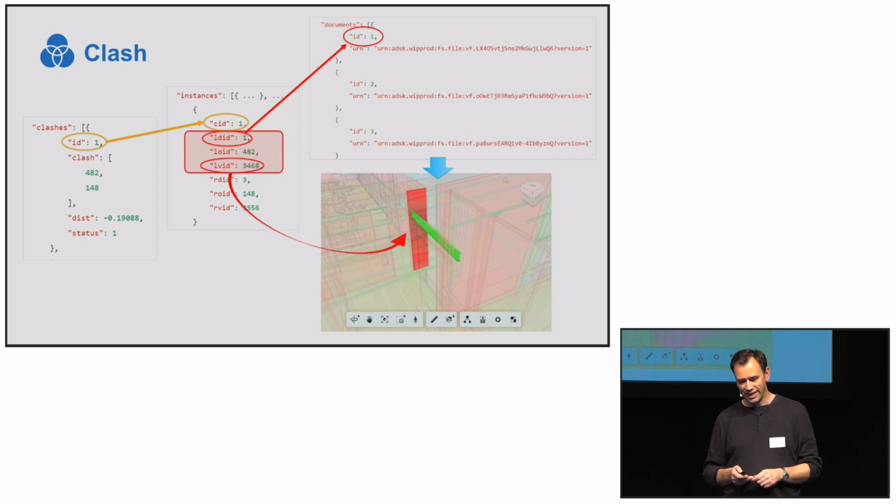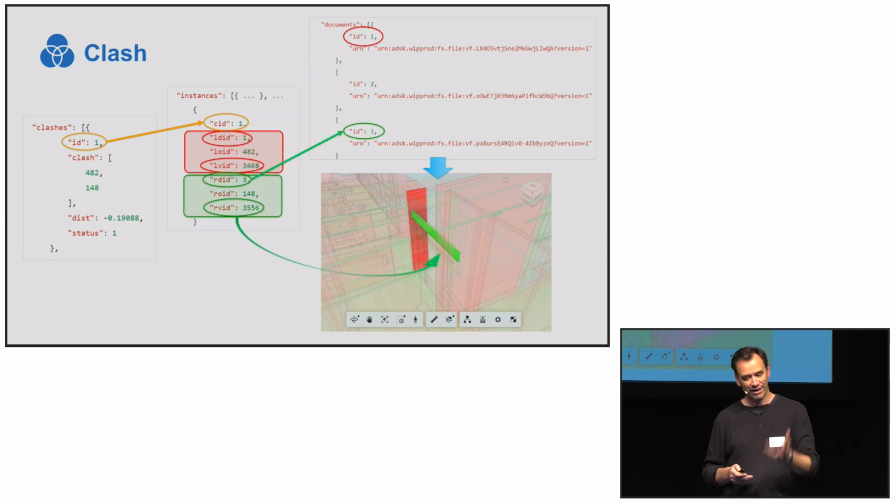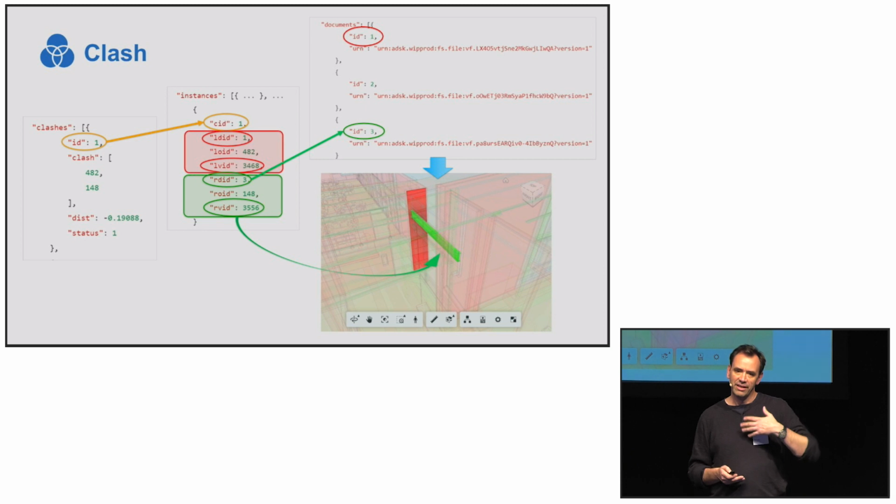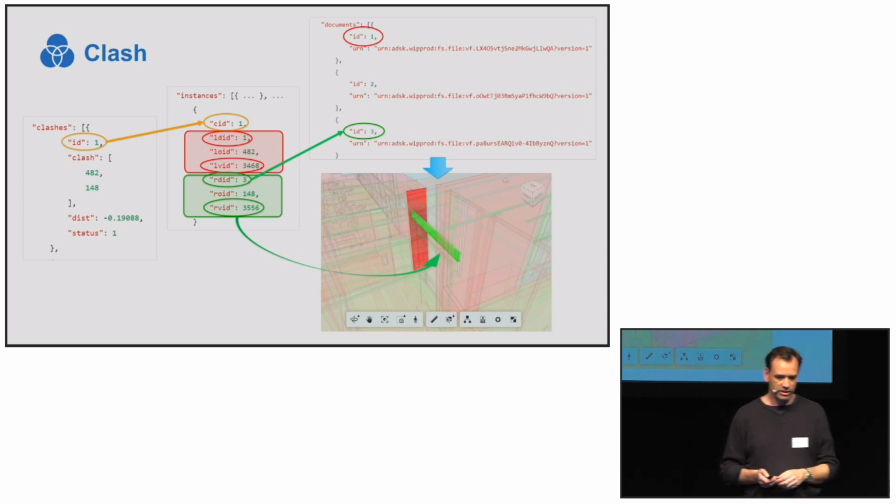And then the green object has a viewable ID 3556, and that's from the document with ID 3 and the URN that's associated with that. So you can work back and actually create a viewing experience fairly straightforwardly. But this is all persistent data, so you can create workflows which track those clashes across time.